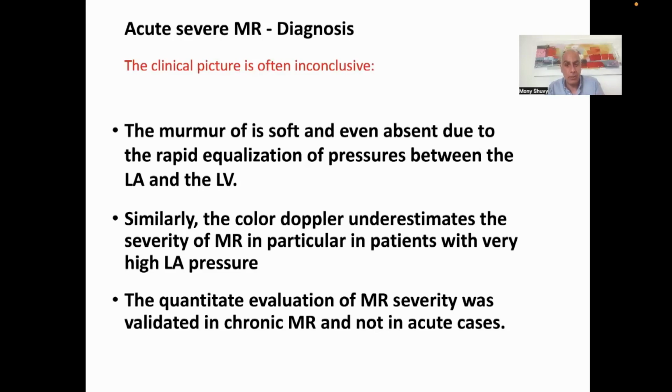Similarly, the color Doppler that we see in the echo often underestimates the severity of the MR, in particular in patients with very high left atrial pressure. In addition, the quantitative evaluation of MR severity that sometimes we try to do, effective regurgitant orifice area, vena contracta, it is important to remember that they were validated only in chronic MR and not in acute cases.